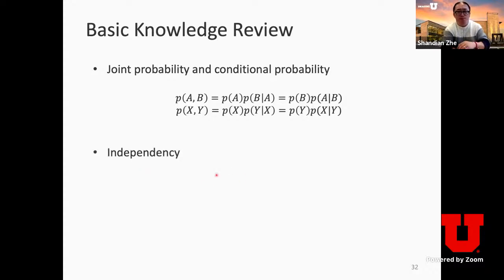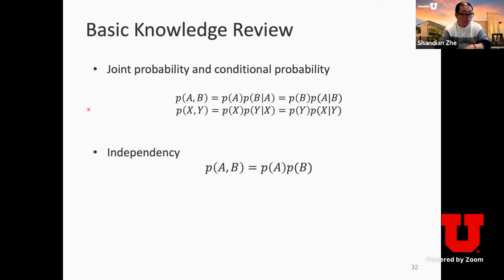Another extremely important concept is called independency. I want to know in what kind of circumstances two random events are independent of each other. Intuitively speaking, independence means that the occurrence of event A has nothing to do with the occurrence of event B, and vice versa. How do we give a mathematical definition?